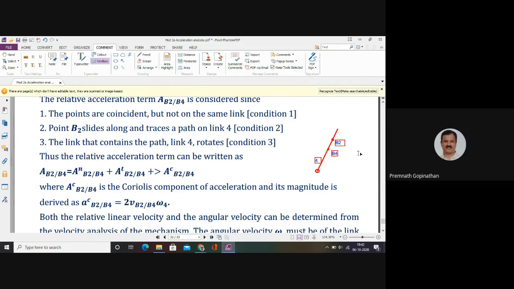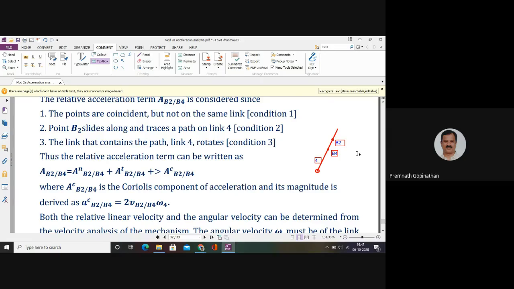Because of that defect in the acceleration analysis, a lot of problems happened in the design of mechanisms, which actually collapsed during their operation. Later on, they identified that such a component arises because of the relative motion between the coinciding points. Thus, they reached the conclusion that such a component exists, and that's what we are trying to identify: how that component is acting.